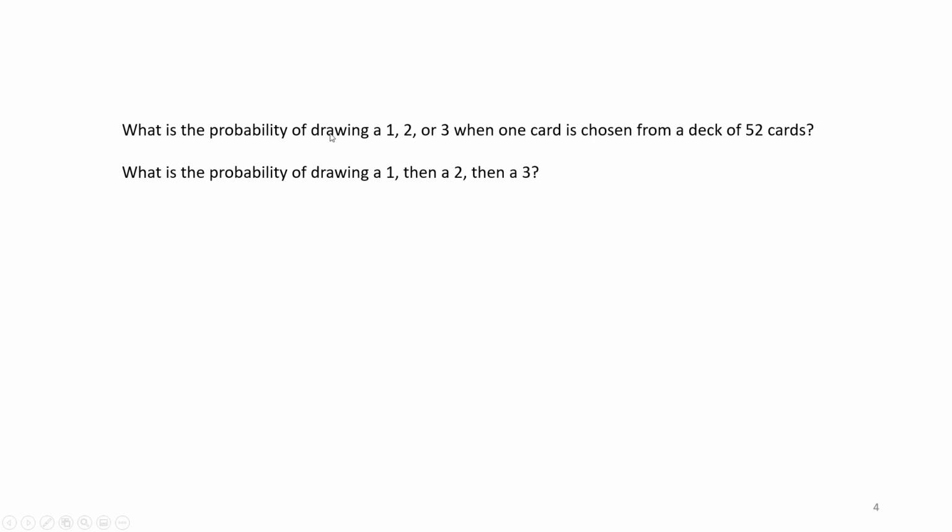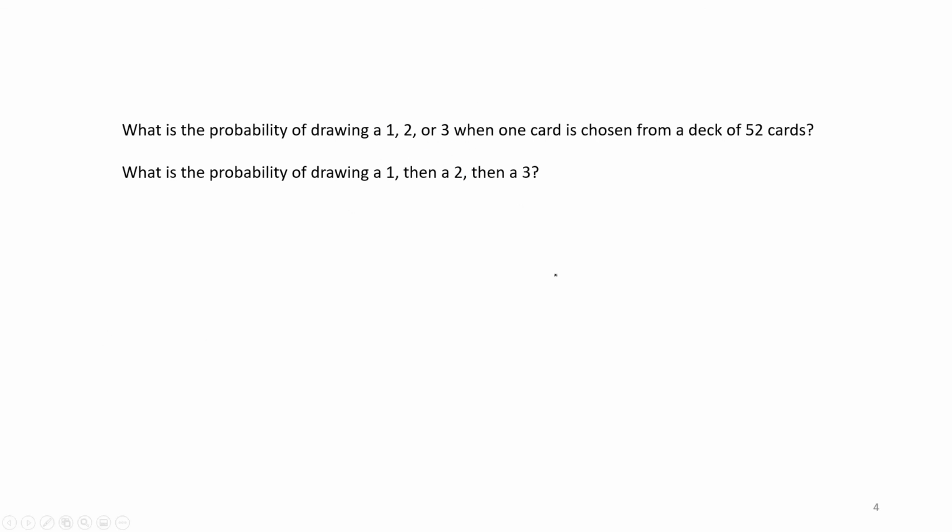What is the probability of drawing a 1, 2, or 3 when one card is chosen from a deck of 52 cards? So this is very different than this. This involves addition. We are only choosing one time. And we want to know what the probability of it being a 1, 2, or 3 is. So we have to figure out how many cards in a deck of cards fulfill that criteria.